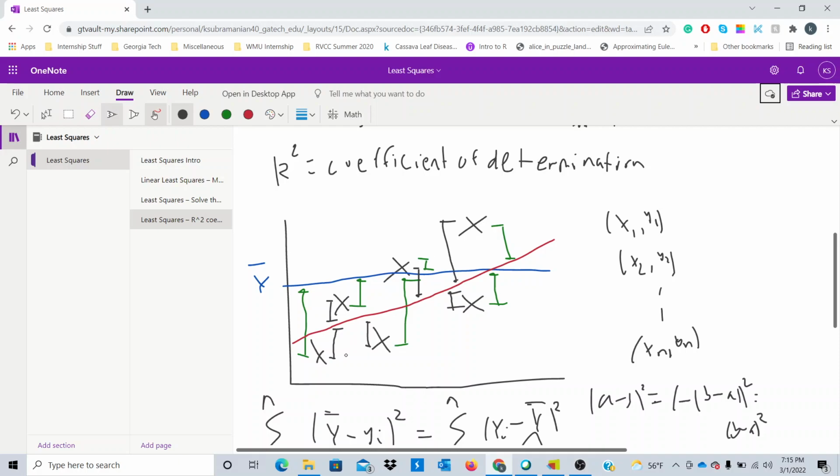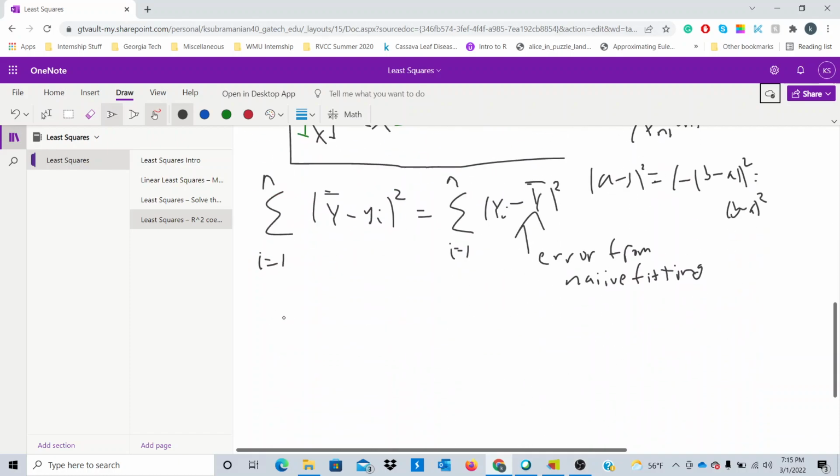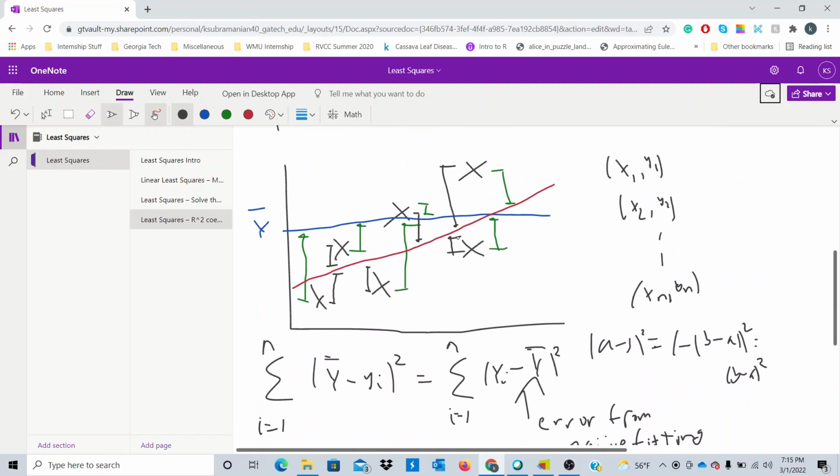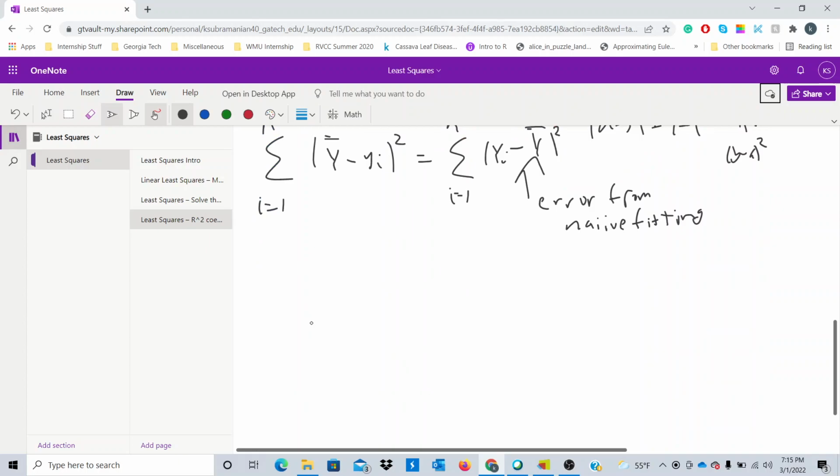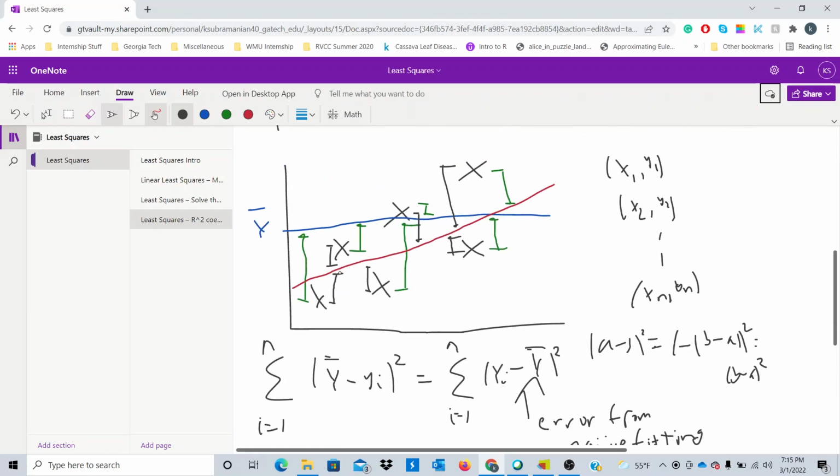And now we want to figure out the sum of these squared vertical distances shown in black. Now that we fit our so-called better line in red, the sum of squared residuals, where a residual is essentially the vertical distance, is the y value from the prediction minus the actual y value.